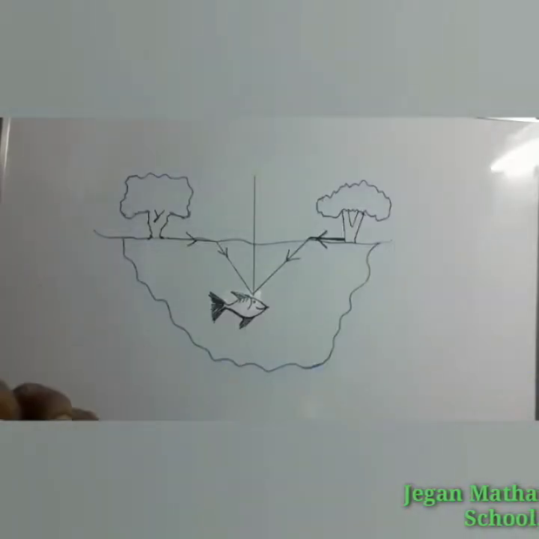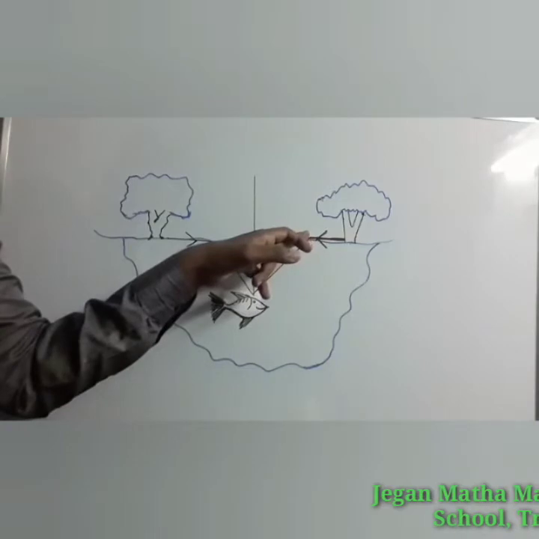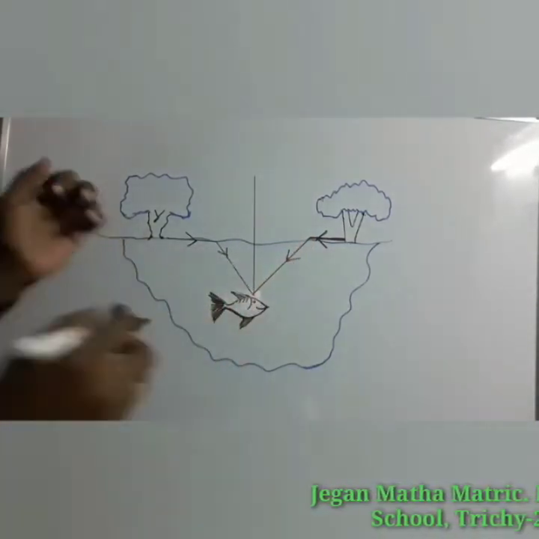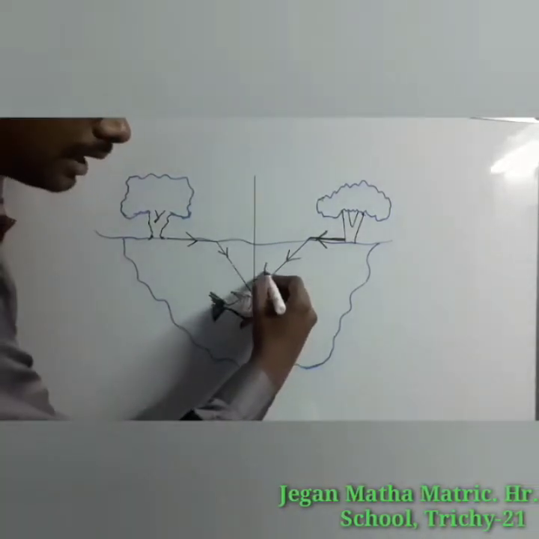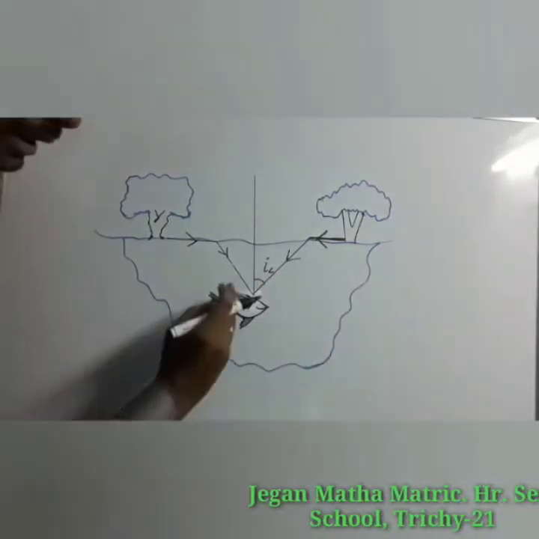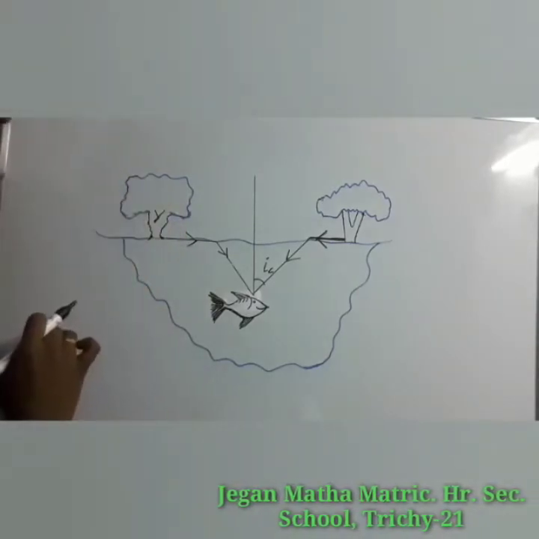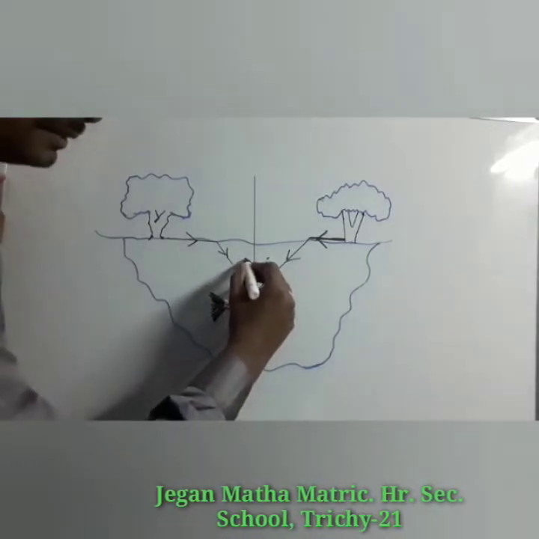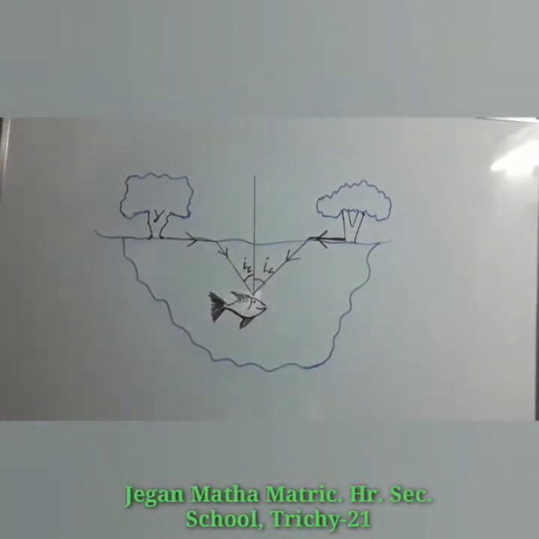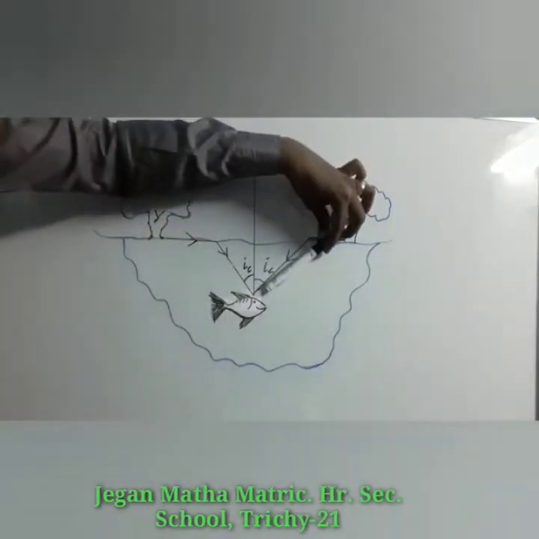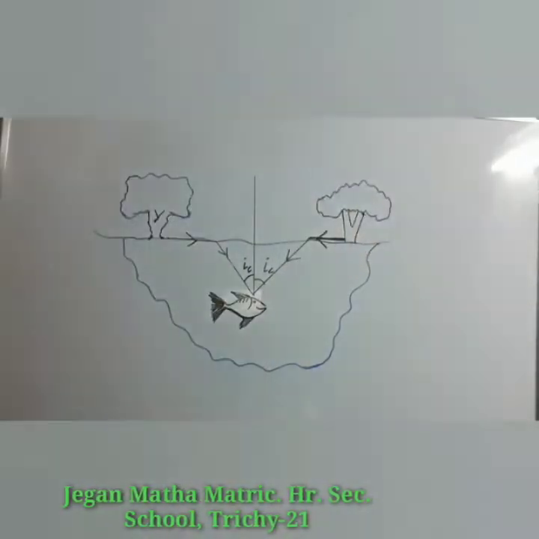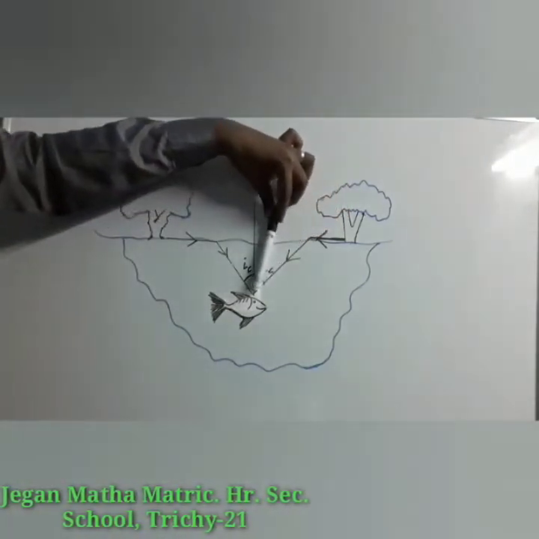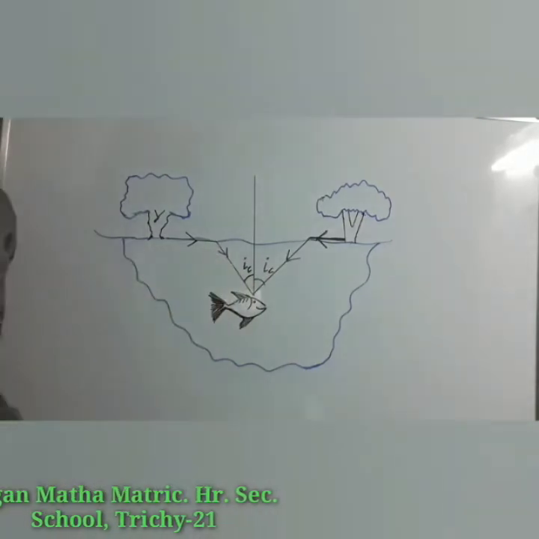Here light rays from the trees can be seen by water animals, for example fish, at the angle IC on the right side. Likewise, this object can be seen by the fish at the angle IC. As per the previous discussion, the rays which make an angle more than the critical angle will not be seen by the water animals. Within this region rays are there that will be visible to this fish.